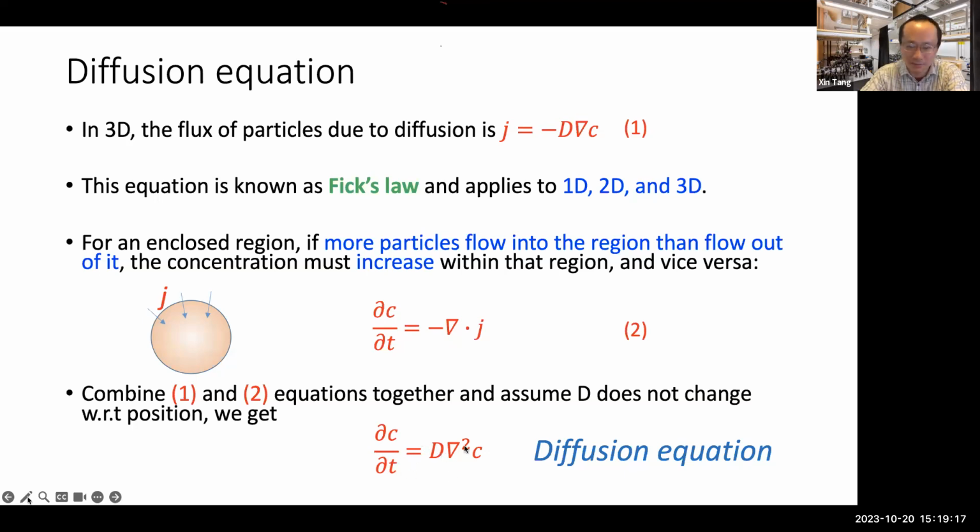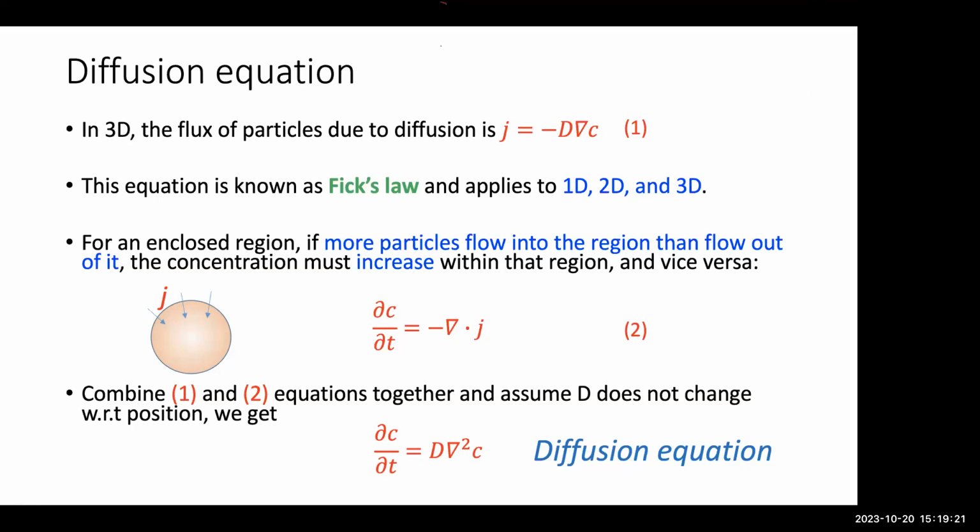Cole, you have a question, please go ahead. Yeah, sorry, I wanted to clarify the diffusion equation. This is saying that the temporal rate of change of concentration is dependent on C, the current instantaneous concentration in that space?